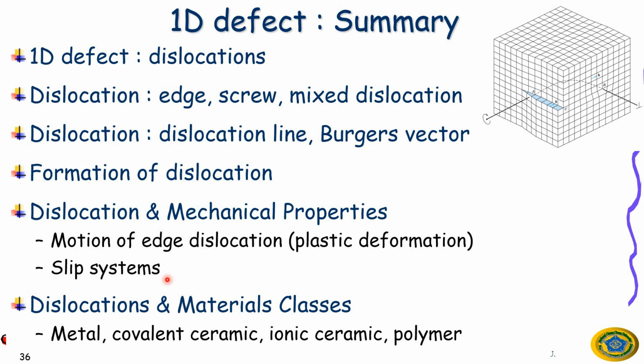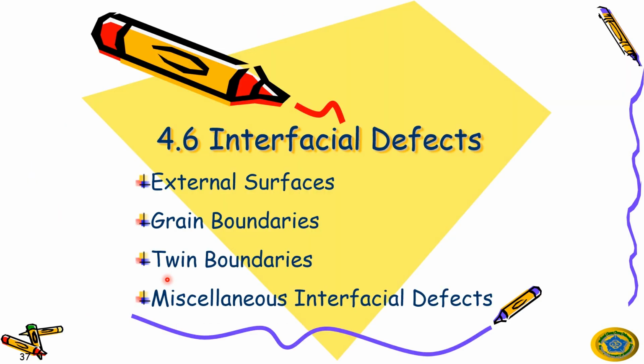Slip system is a kind of mechanical deformation, so it's also important in the mechanical engineering department. This is what we learned about one-dimensional dislocation.